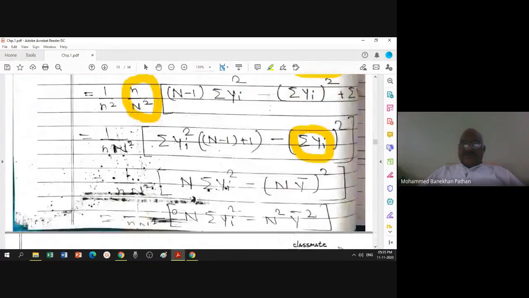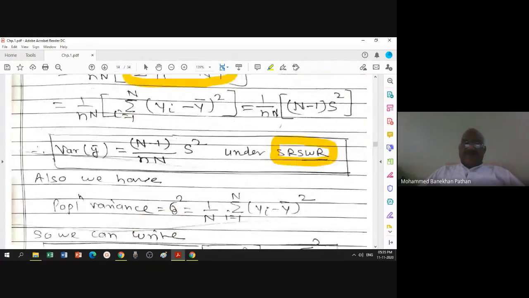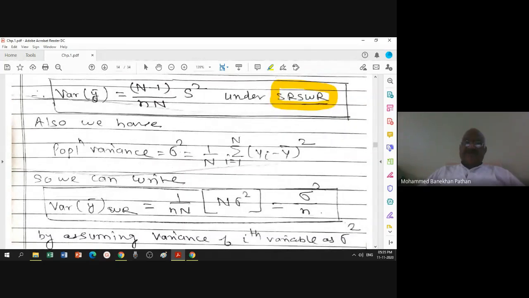So remember, variance of sample mean under with replacement is (N minus 1) by (n times N) multiplied by S square. Also we have population variance sigma square, which I had given as 1 upon capital N summation (yi minus y bar) whole square.